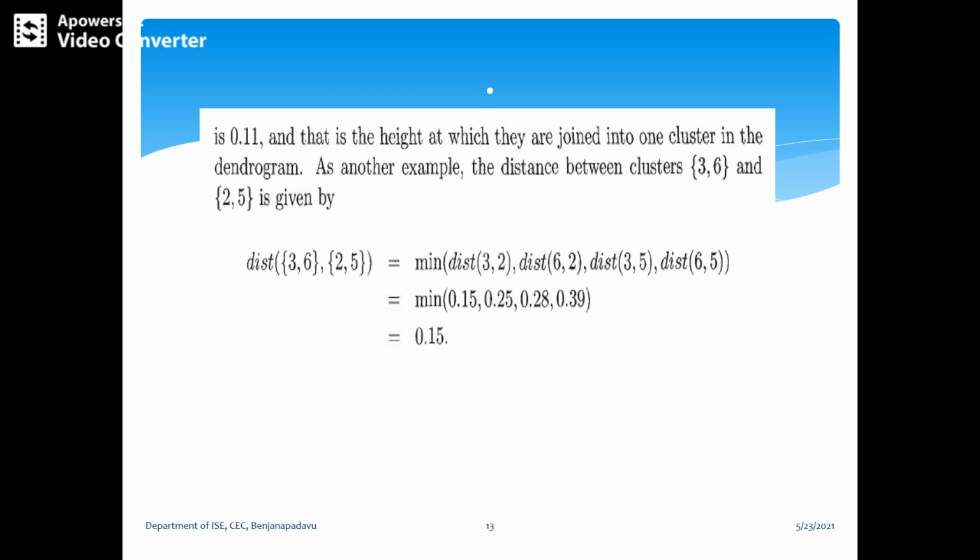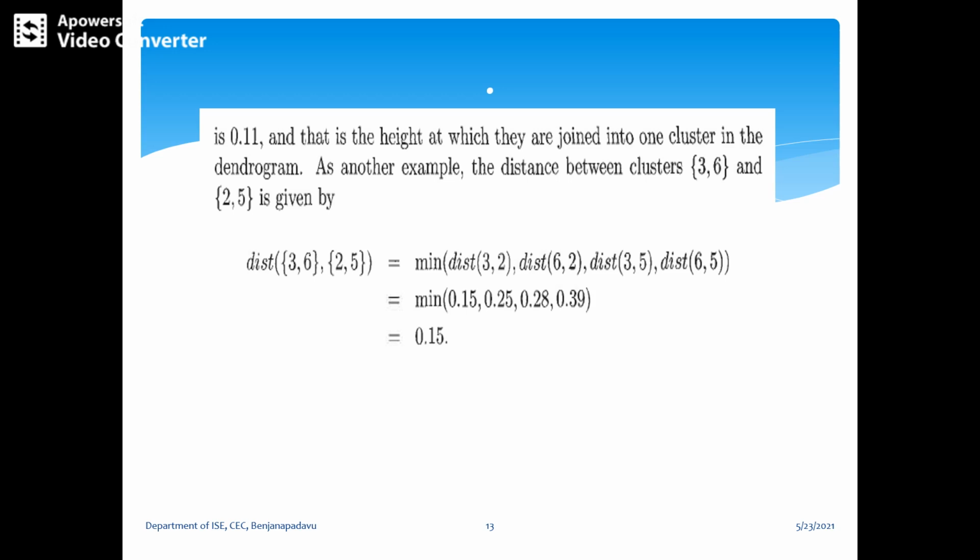The first ones are 3, 2 and 6, 2. The distance of 3, 2 is 0.15. Applying the distance formula, the distance of 6, 2 is 0.25, and the distance of 3, 5 is 0.28. Similarly, the distance of 6, 5 is 0.39.